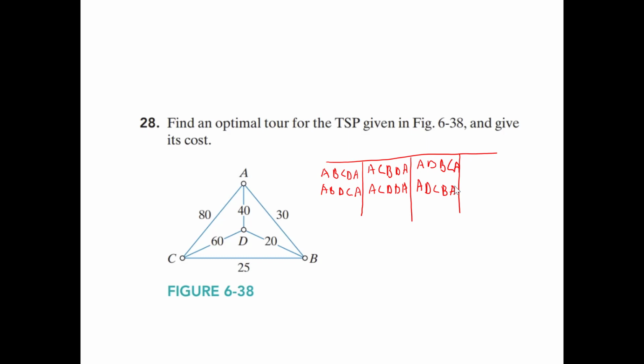Now, you have 6 choices, but 3 of them are the same. So here's what you can do. Now you have circuit, cost, and then over here we have circuit.